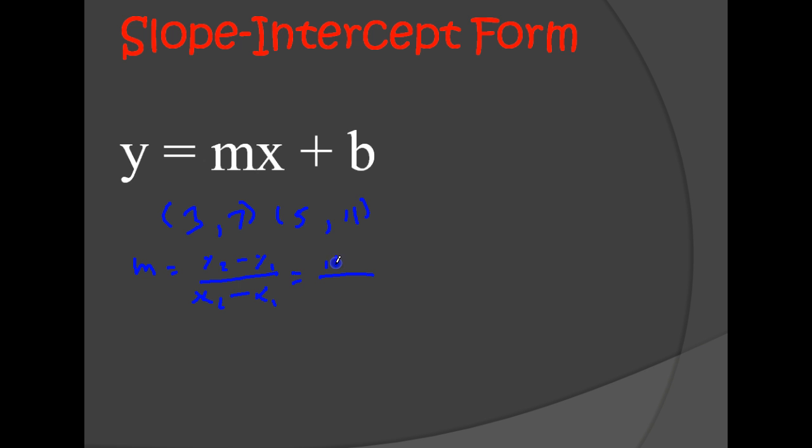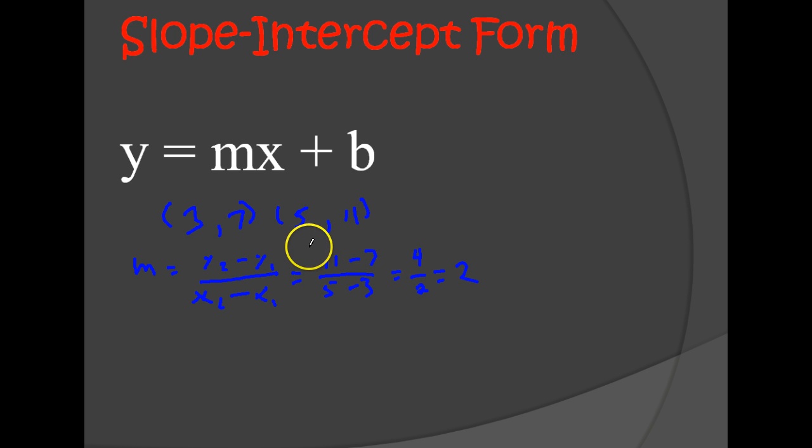So 11 minus 7 over 5 minus 3. I get 4 over 2, which is 2. So now I have a slope of 2. Still need a y-intercept though. What I then do is I check to see if one of those points that is given is the y-intercept. Turns out it's not. Sometimes they'll give you the y-intercept.